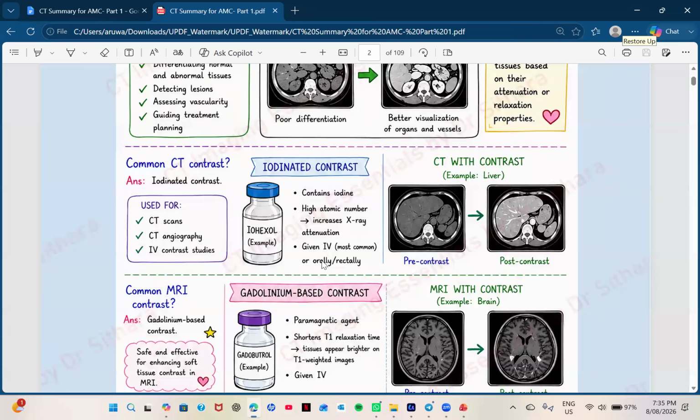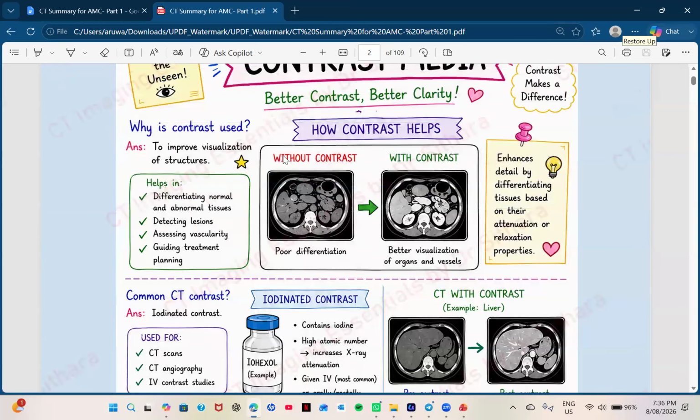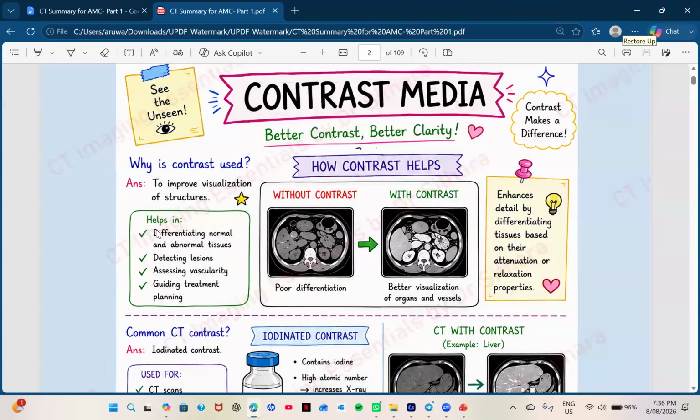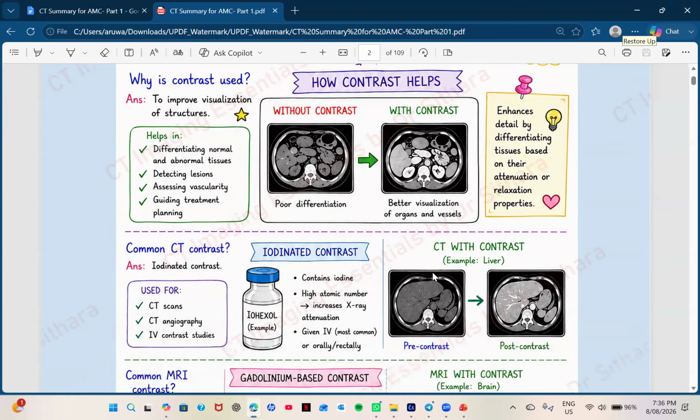This is for CT scan, angiography, IV contrast studies. So why is contrast used? To improve the visualization of the structures, right? You can see there is poor differentiation without contrast, but with contrast you can have better visualization.